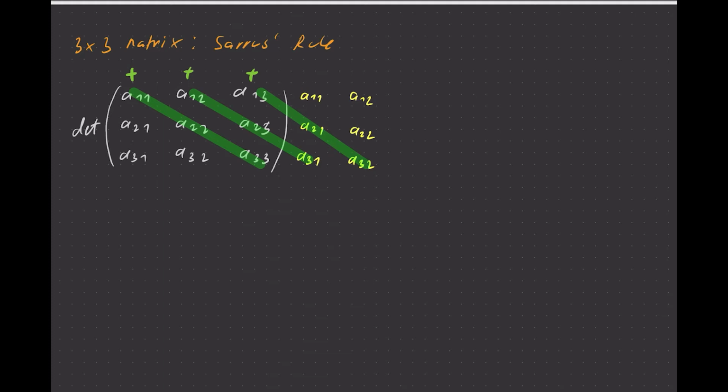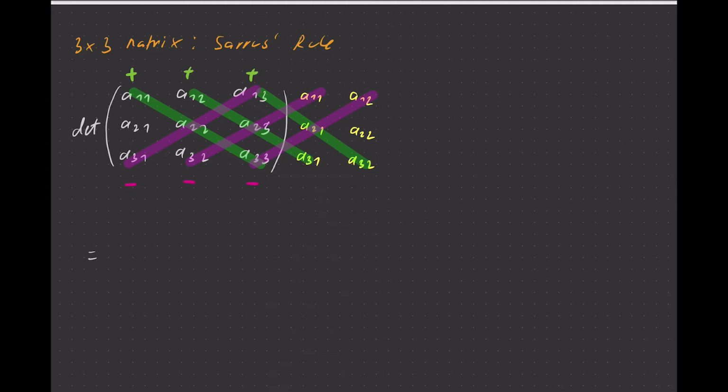And again, similarly to what we did with the 2 by 2 matrix, we'll then take this diagonal here and the next two below that, like this. And we'll add those with a negative sign. So there's a minus here. And this gives us a determinant.